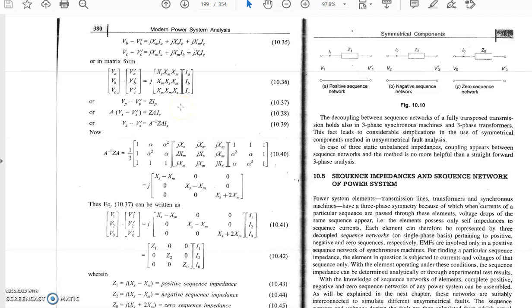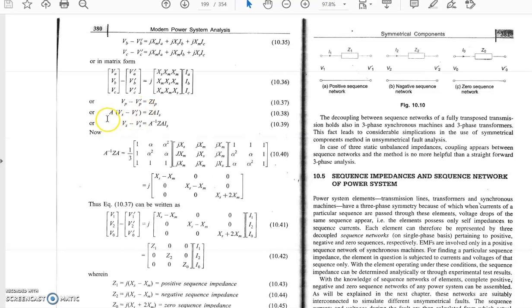Now we studied in the previous lecture that if we want to convert the phase components into sequence components, then VP becomes A into VS, where A is the matrix. So we can write VP equals A into VS and VP dash equals A into VS dash.